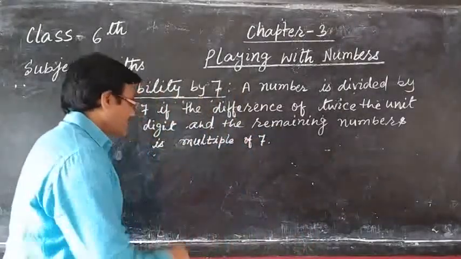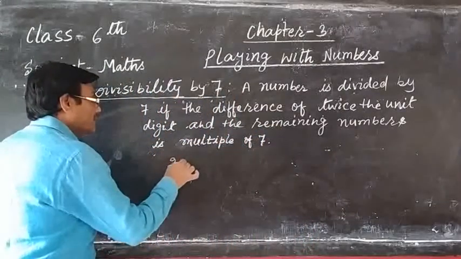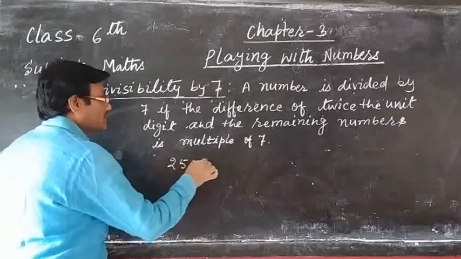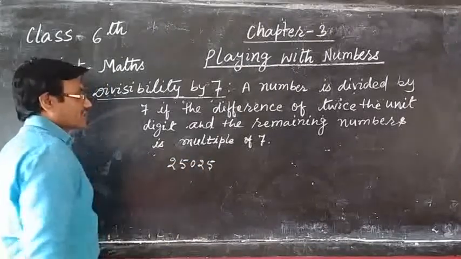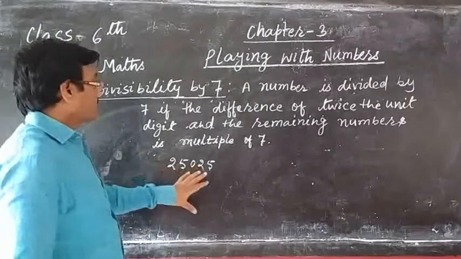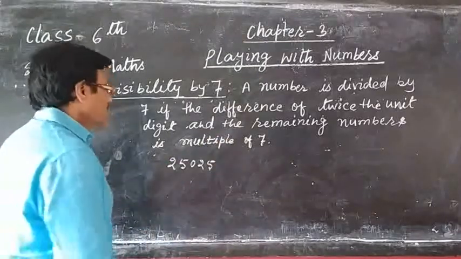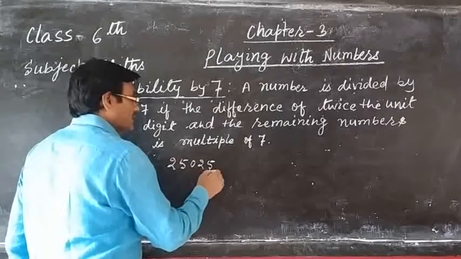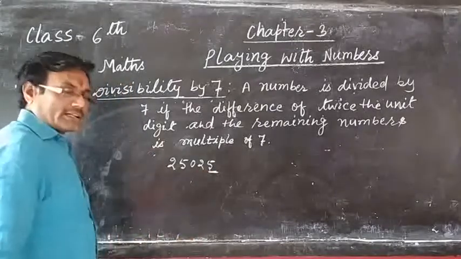As I am taking a number 25,025. मान लो ये नंबर है, आपको पता करना है ये 7 से कटेगा. So first we take the last digit as 5.